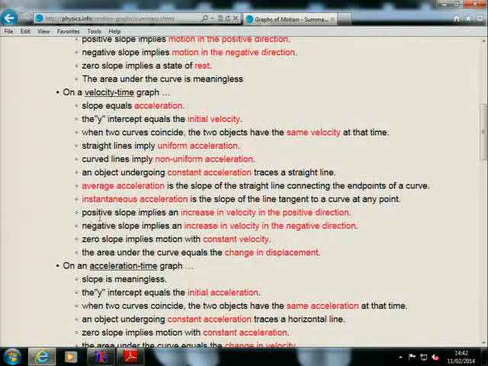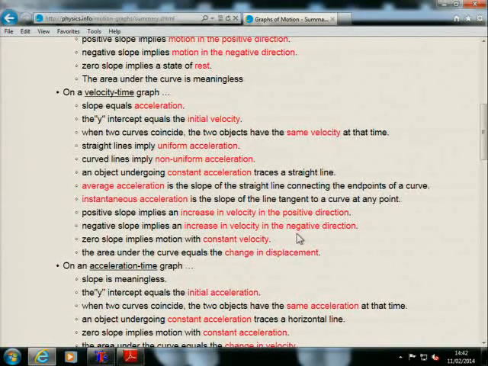The other thing that is important is a positive slope or a positive gradient implies that the velocity is increasing in a positive direction. That means that the object is moving in the original direction. While a negative slope would imply that the object is moving in a negative direction.